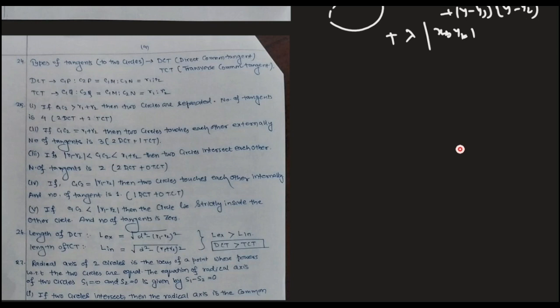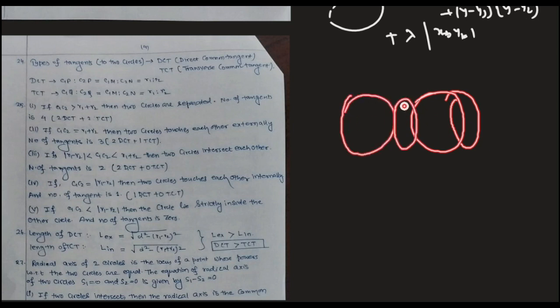In this situation, two circles touch each other internally or externally. When they touch externally, what will happen? These cases we discuss. When the two circles touch externally, it will be like this. Here you get one tangent, here another tangent, here another tangent.